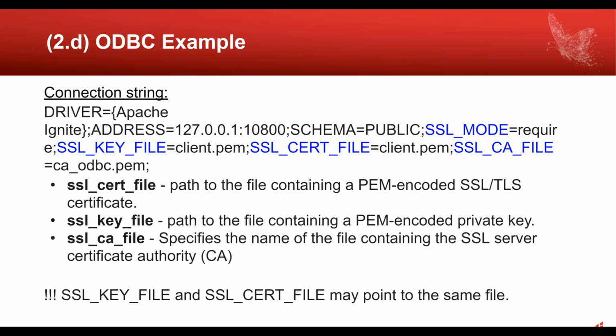You can see that it should contain the client certificate and certificate authority details. The commands for generating these files from the Java keystore you can see in the script that you will get from the sources. It will be on the last slide, I guess. Okay, go to the next slide.